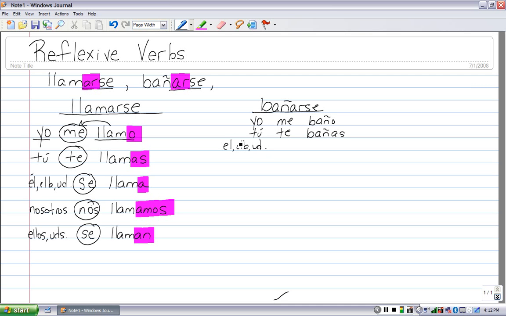In the third, él, ella, and usted, it's se baña, etc. The nosotros form, we'll do that one. The nosotros is nosotros nos bañamos. And then we'll do the last one while I've got it up here. Ellos and ustedes is se bañan.